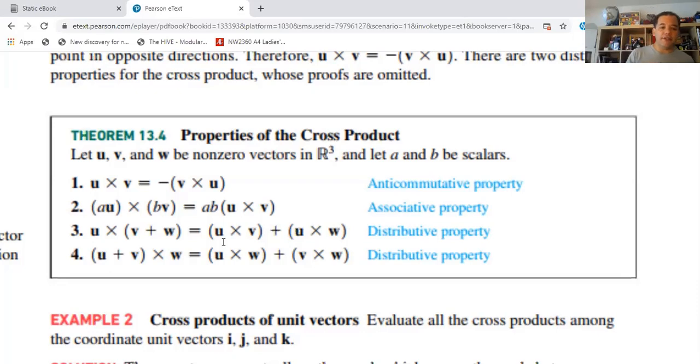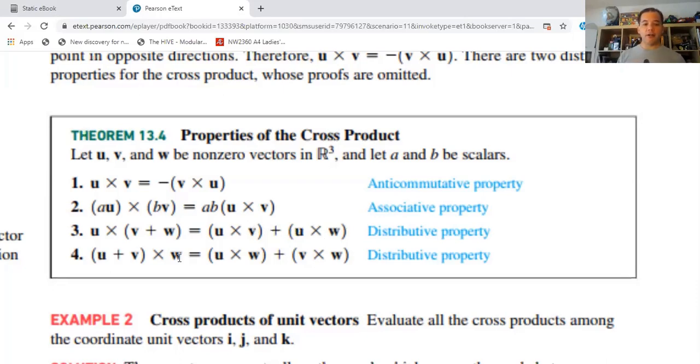And then we have these 3 and 4, which are actually the ones that are going to give it to us. Now, unfortunately, we don't have the time or the bandwidth in this class to explain why this property is true, but it's actually a nice thing that it happens. So the distributive property is true for the cross product. If you do the cross product of u with a sum of 2 vectors, you could do the cross product with the first plus the cross product with the second.